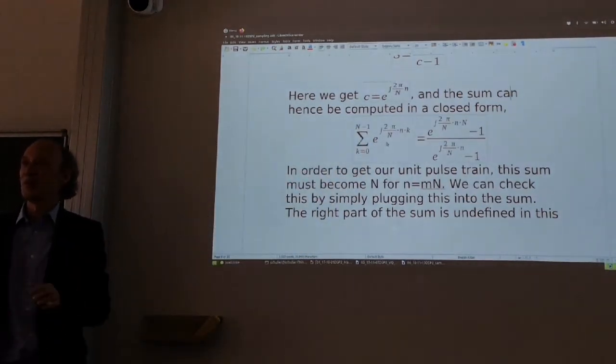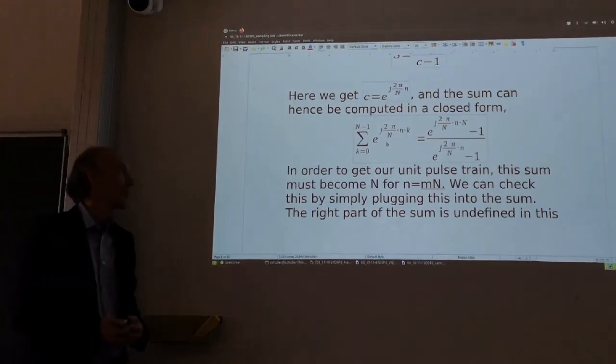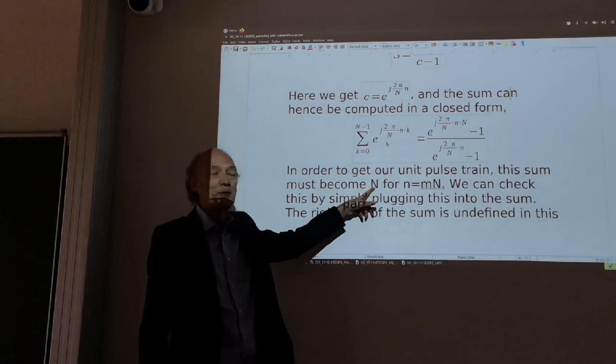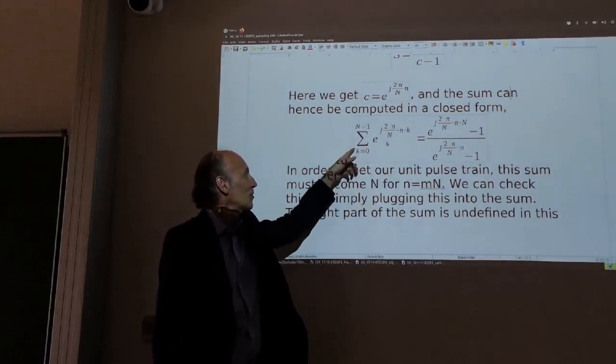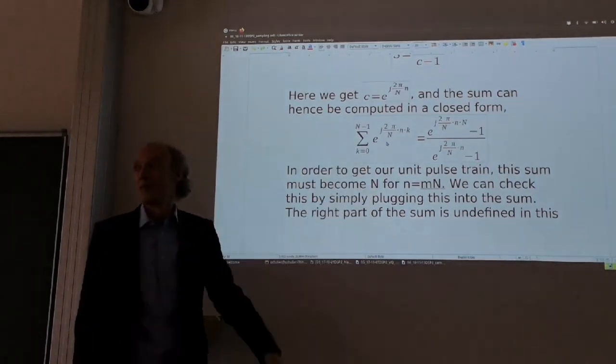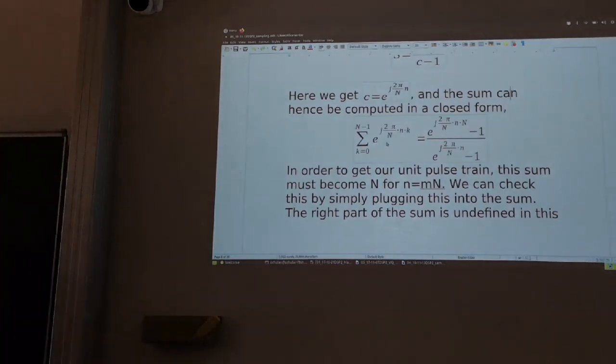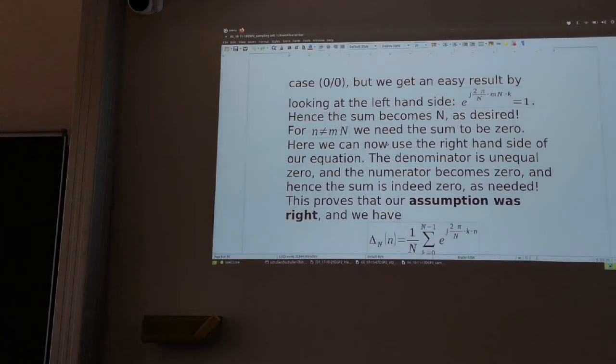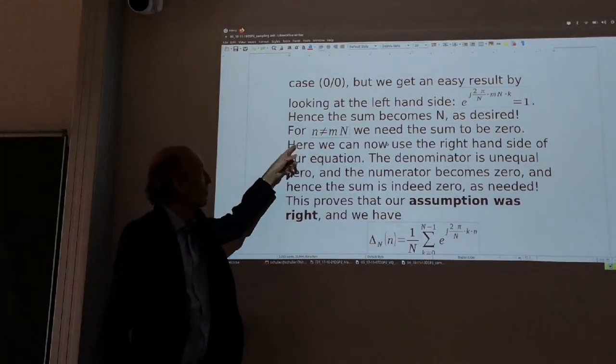Yeah, it's n. Right? We have n 1s, so that means the sum is n. And this is what we want. We want the sum to become n. Oh, that worked. So now we just need to check for the zeros. So for n unequal mn, we need the sum to be 0.